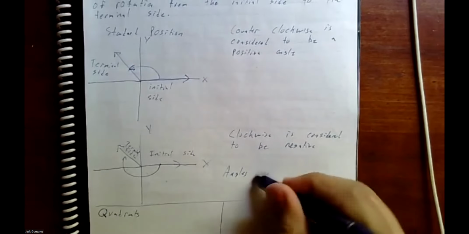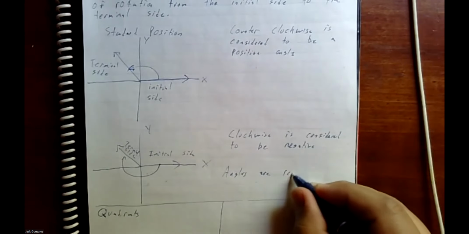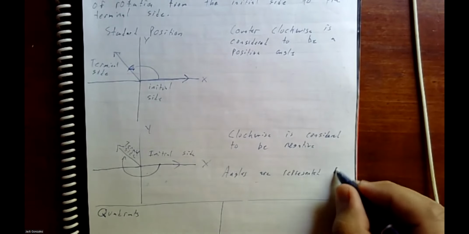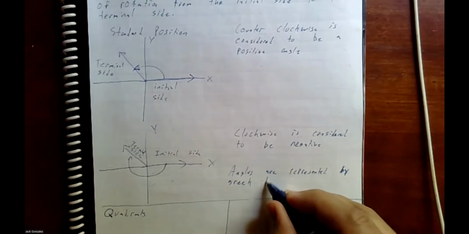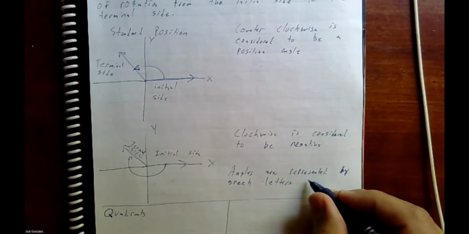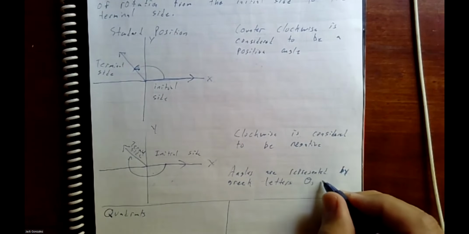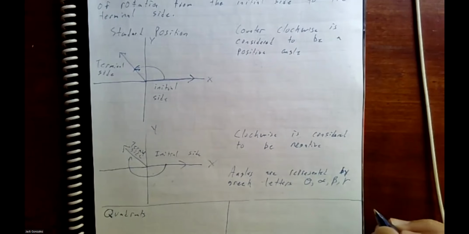And angles will usually be written, at least in most books, by Greek letters. Usually the main one we're going to use is theta, but depending on what we're doing, we might have alpha, beta, gamma.